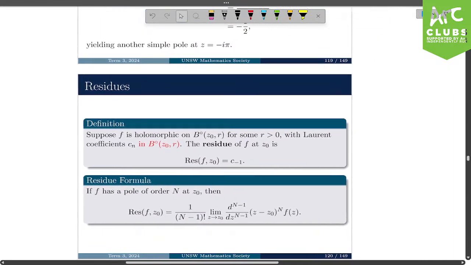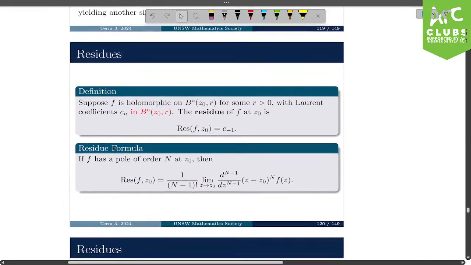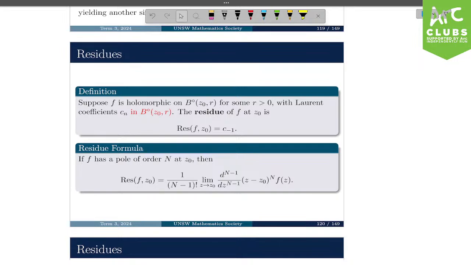Now we're going to start talking about residues. So, what is a residue? A residue is just the first negative coefficient of a function at that point. Now, residues only exist for singularity points. I guess that's one thing we didn't mention here.